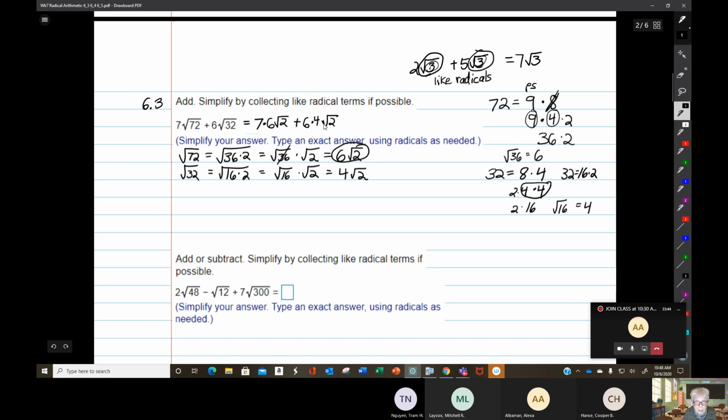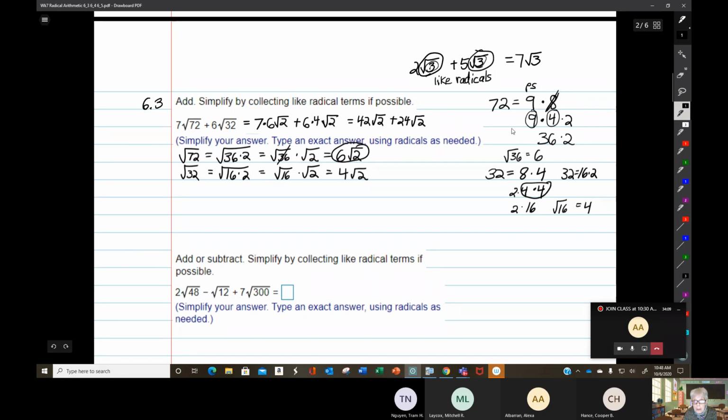I didn't need to write it that way. So 7 times 6 is 42 times the square root of 2, plus 6 times 4 is 24, so that'll be 24 times the square root of 2.